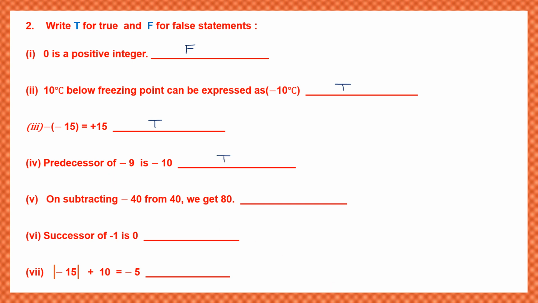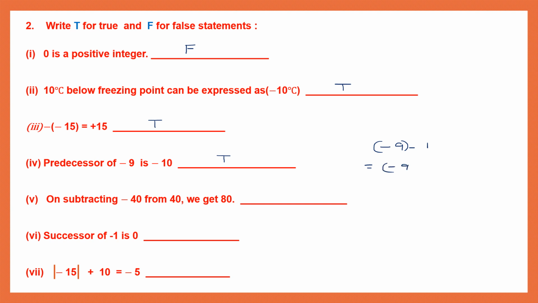Now, if we have to work this out, let's work it out. Since it's mental math, you need to work it out in your head and get your answer. But otherwise, let's work this out. Predecessor means minus 1. So, negative 9 minus 1. How do we work this out?